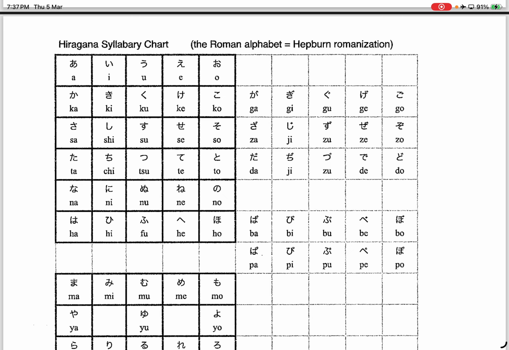Okay, so after today, you need to memorize at least, the very least, the hiragana system. Recognize the characters as well as understand how to pronounce them. Of course, you don't read the Japanese characters as A, I, U, E, O. It's not read that way. So please understand the correct pronunciation and reading.